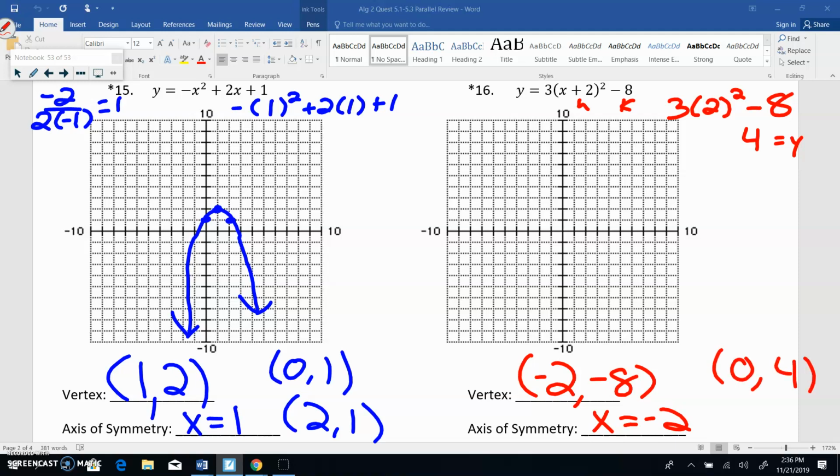If I graph this, -2, -8 is down here, and 0, 4 is up here. I'm going to connect them so I remember which way I'm going. To get that corresponding point, you look at what you did here: you had to go up and to the right, so my corresponding point better be up and to the left.